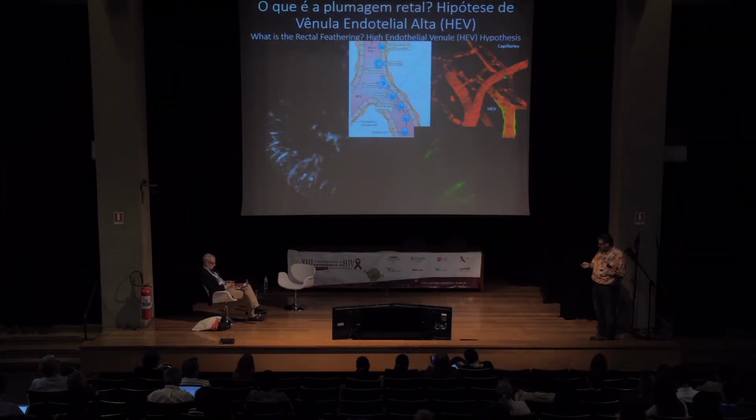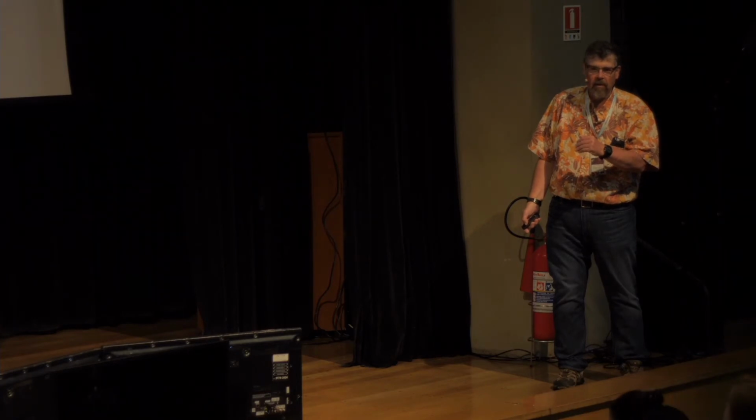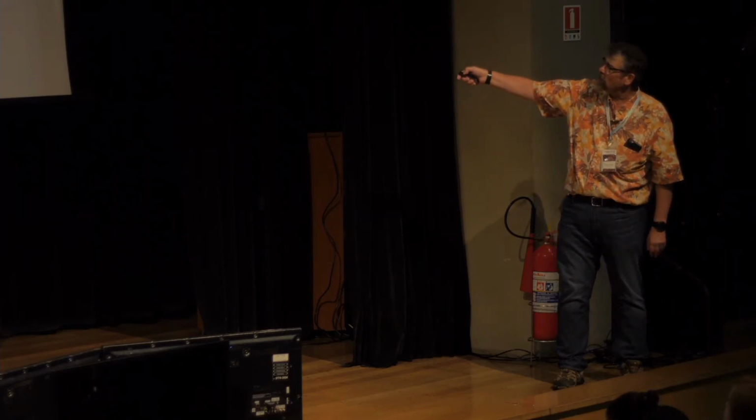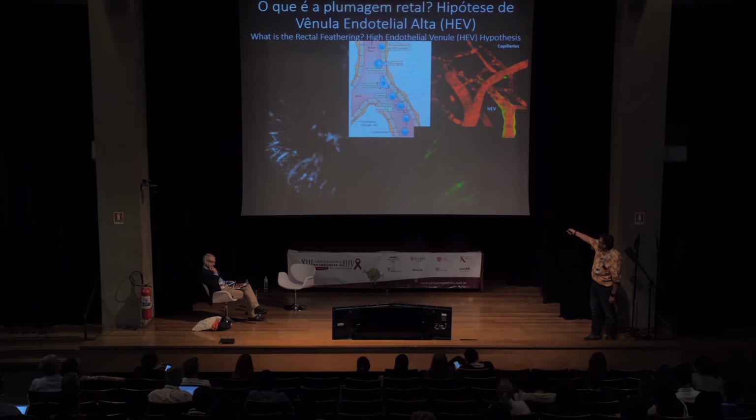So first, the feathering. And here's an example of that. It's very close to the surface. And what we think we're looking at, this feathering, is actually cells from the blood that are doing the classic high endothelial venule bind, roll, and crawl through the endothelial wall. So this is a process that happens in the high endothelial venules.